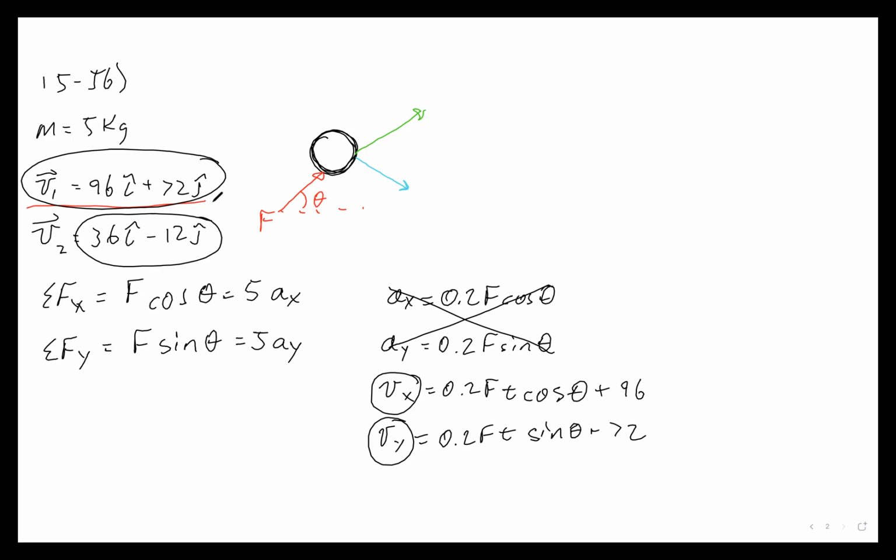So that means that we can make these equations equal to the 36 and the negative 12. And now we have a force, but we do have a t. So when is this happening is the question.